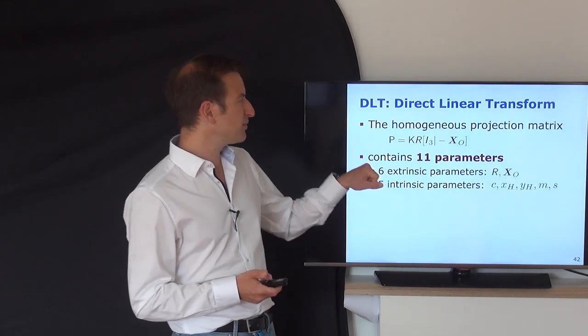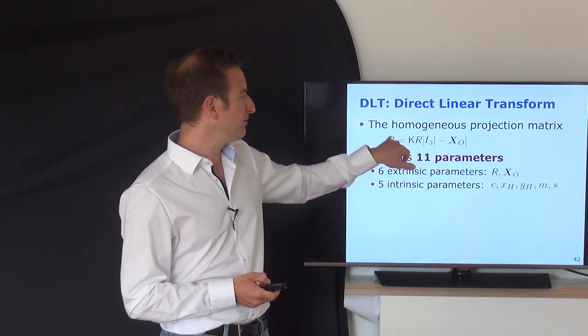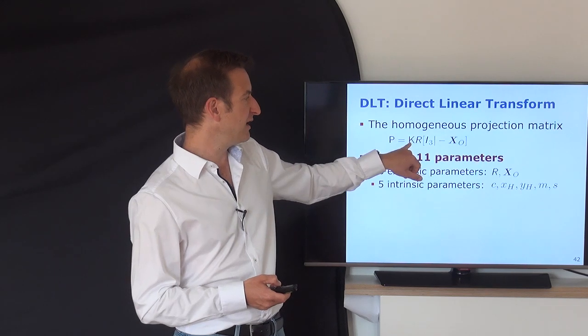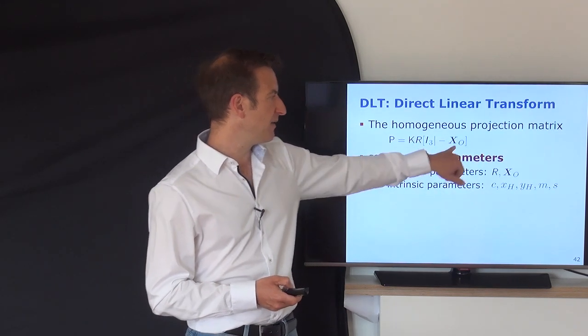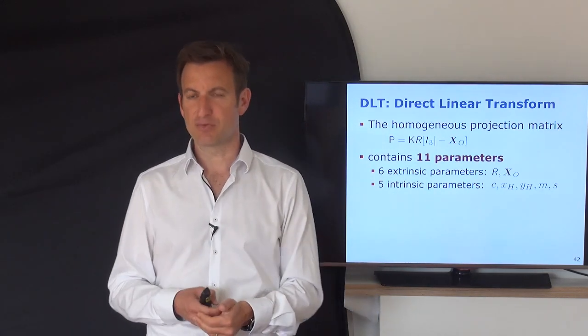So the homogeneous projection matrix expressing the DLT is something we refer to as P, and exactly this one has 5 parameters sitting here in K, 3 parameters sitting in R, and 3 parameters sitting in the shift, so that we in sum have 11 parameters.